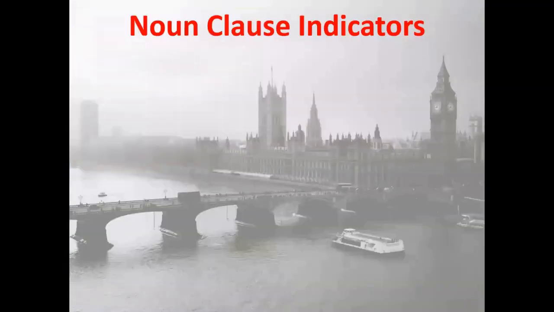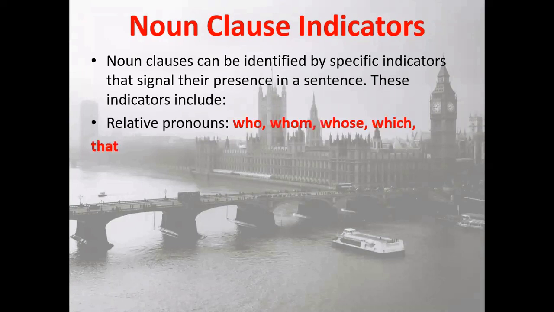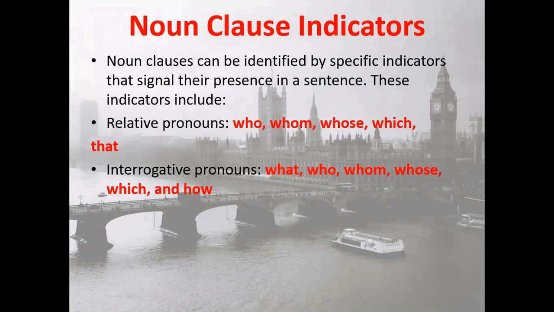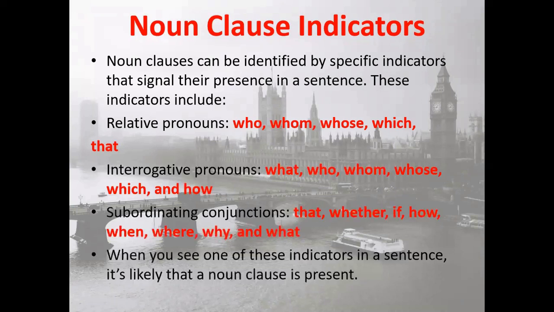Noun clause indicators are very important. It is just a quick review for you. Noun clauses can be identified by specific indicators that signal their presence in a sentence. These indicators include relative pronouns, interrogative pronouns, and subordinating conjunctions.